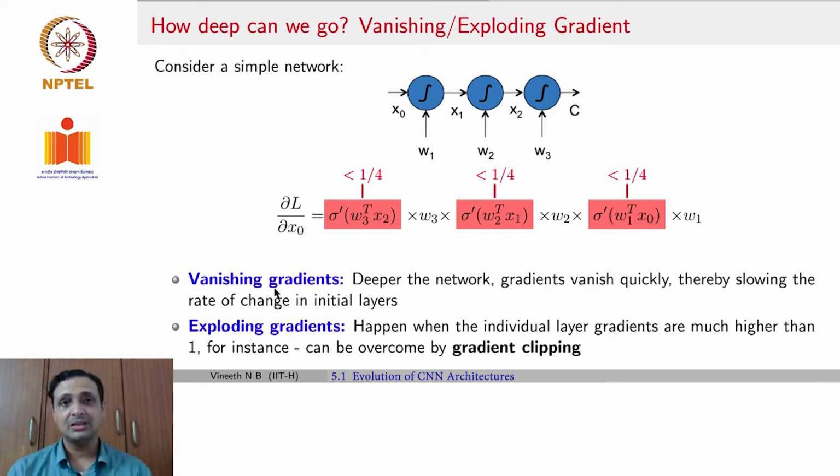In other words, the gradients never reach the initial layers, or the initial layers may get stuck with the random initialization that we came up with and may never go further.